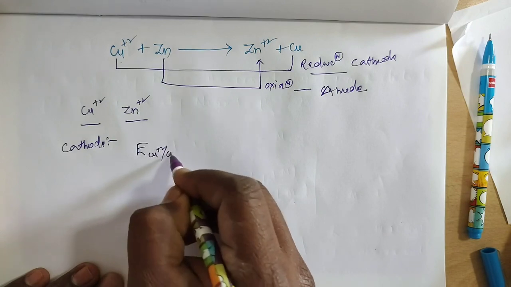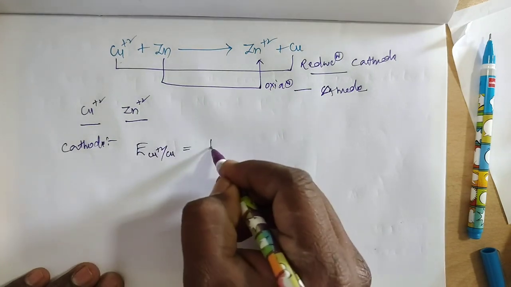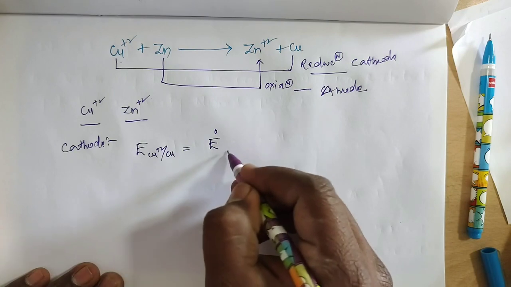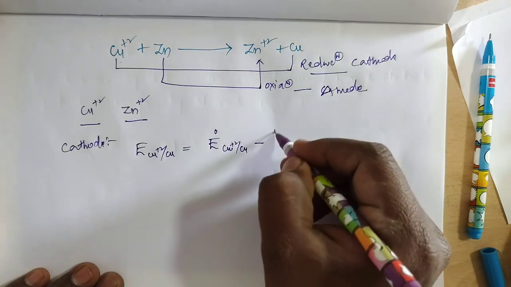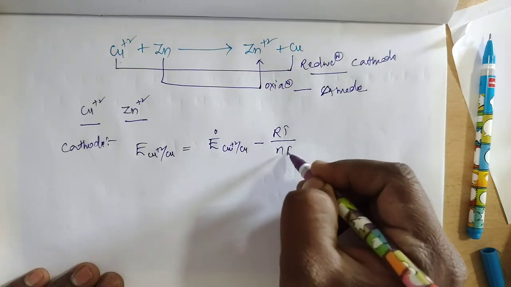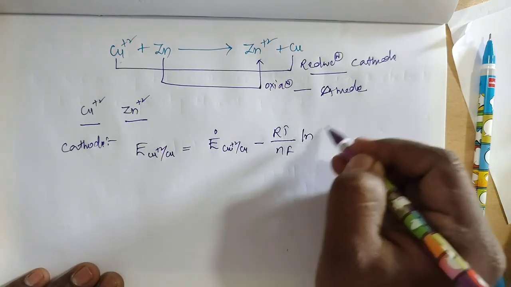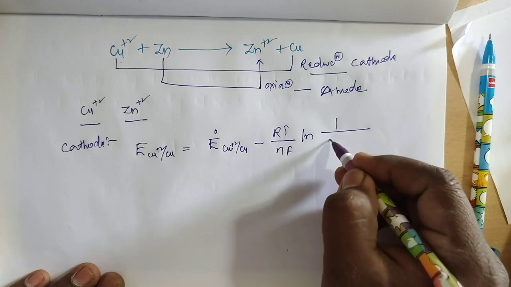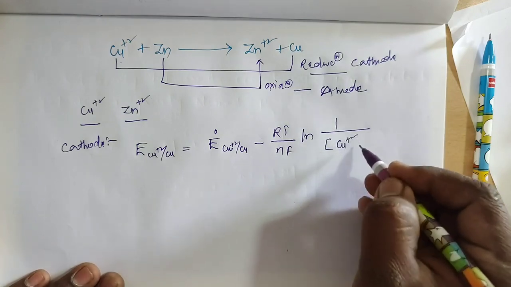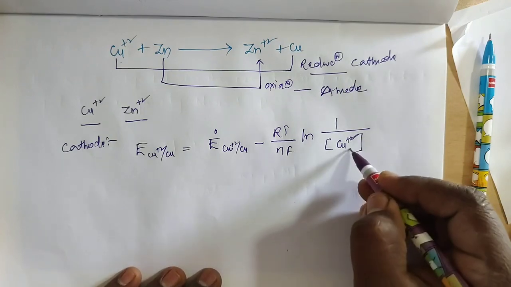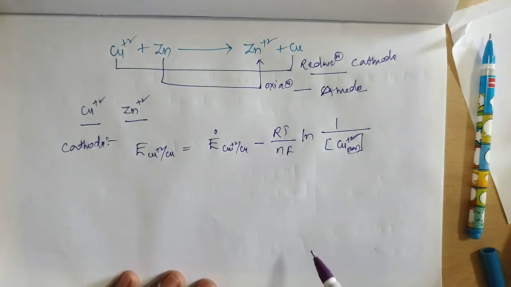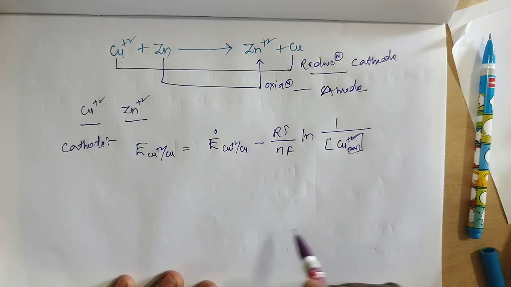E of Cu plus 2 by Cu equals E0 of Cu plus 2 by Cu minus RT by nF ln 1 by Cu plus 2, the metal ion. This is in aqueous condition. So this is the cathodic Nernst equation.